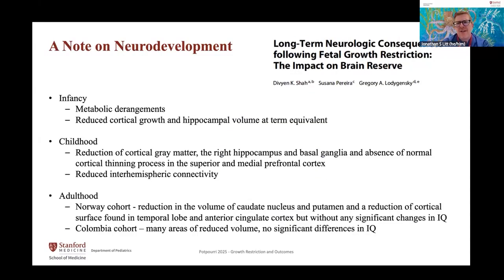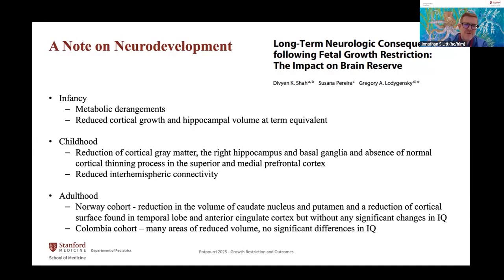So the long-term neurologic complications, there's this paper from a couple years ago thinking about what the authors termed brain reserve, or sort of what is the ultimate capacity for these infants long-term over their life course, and taking a really nice life course perspective on the impact of growth restriction, thinking about perhaps in infancy, we have metabolic derangements and reduced cortical growth and hippocampal volume at term equivalent age that has been demonstrated in the literature based on imaging studies.